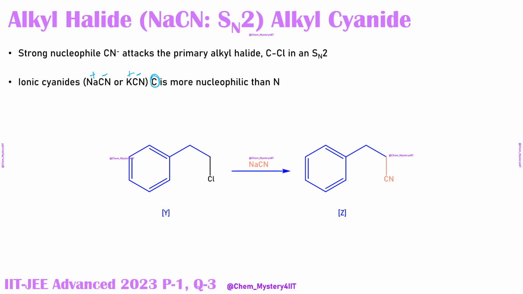So somewhere we have used ethanolic KCN to imply that we are trying to do the SN2 reaction in a much better fashion with carbon as a nucleophile, because if you are using much more protic solvents, then the negatively charged carbon can be much more easily solvated, and that can prevent that easier SN2 reaction from taking place.